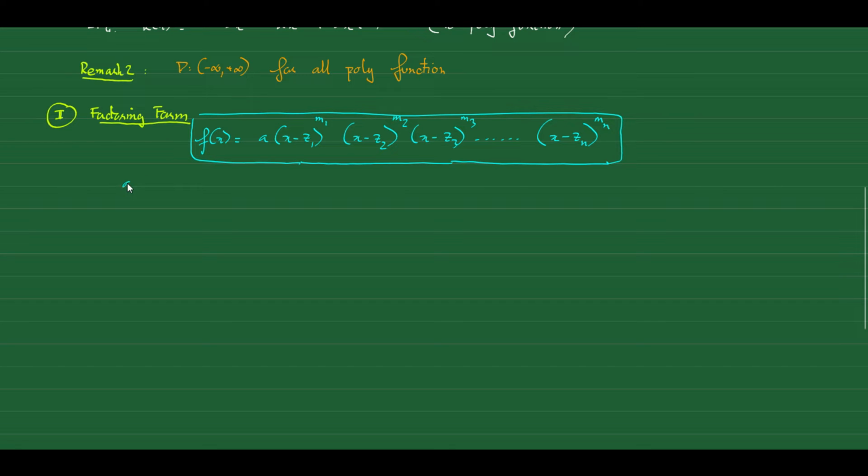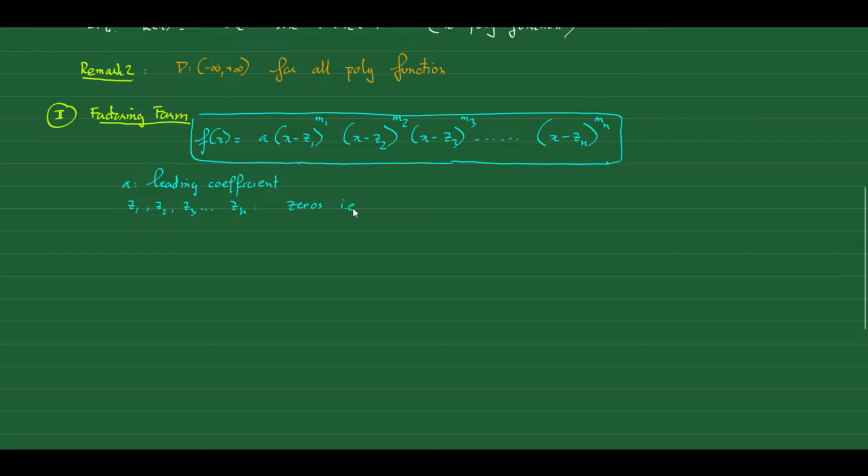First of all, the a value here is still the leading coefficient. And z1, z2, z3 up to zn are called zeros. So a zero is actually the x-intercept value.